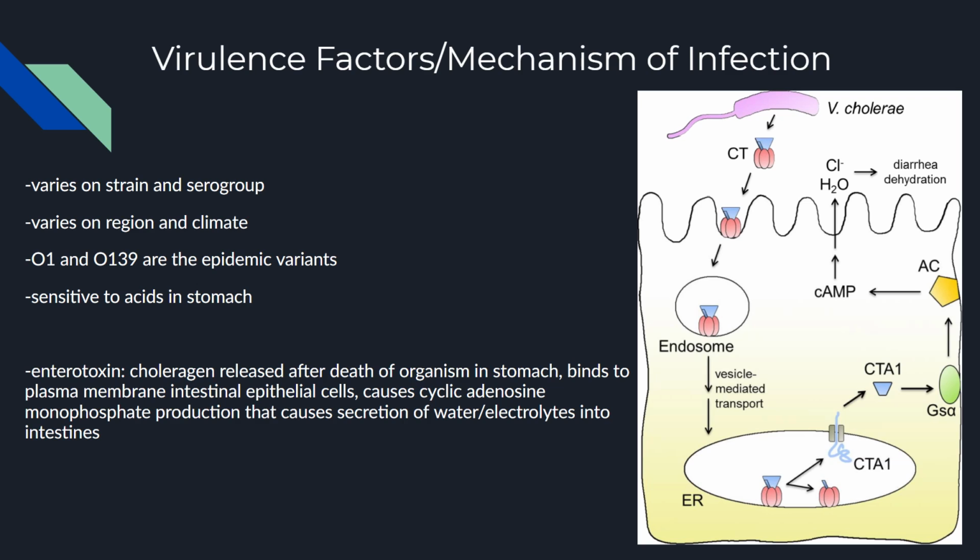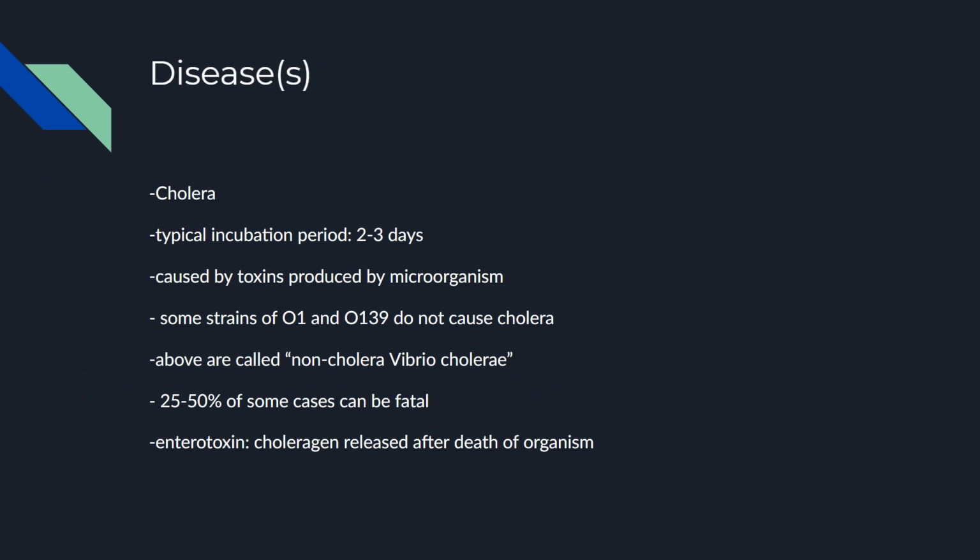This toxin attaches itself to the plasma membrane of epithelial cells in the intestine, and it causes cAMP production. cAMP is cyclic adenosine monophosphate, and that's what causes the secretion of chloride ions and water into the intestinal lumen, which causes diarrhea and dehydration. In fact, dehydration from the diarrhea is actually what kills a lot of the time. It can kill.